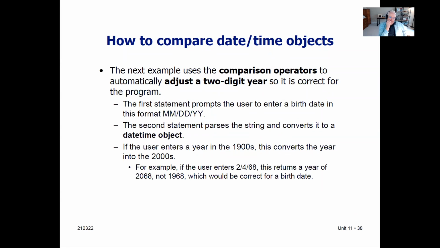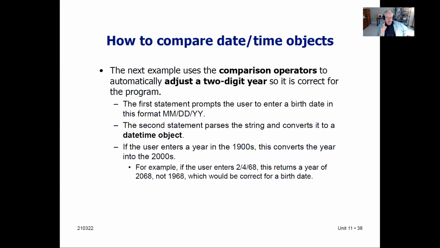Okay, so the next example, this one's getting kind of interesting because it has a mathematical problem that we have to fix. The next example uses comparison operators like we just saw to adjust a two-digit year. I was getting ahead of myself here.